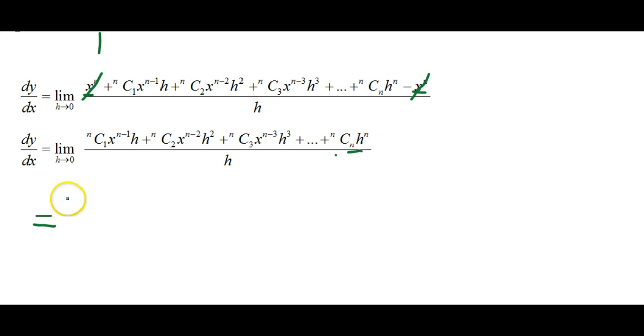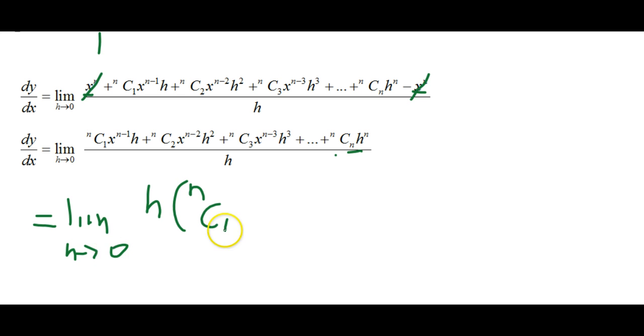Now let me try to factor the h out from here. If I factor h out, I'll be having n combination 1 s to the power n minus 1, and h will not come again here.